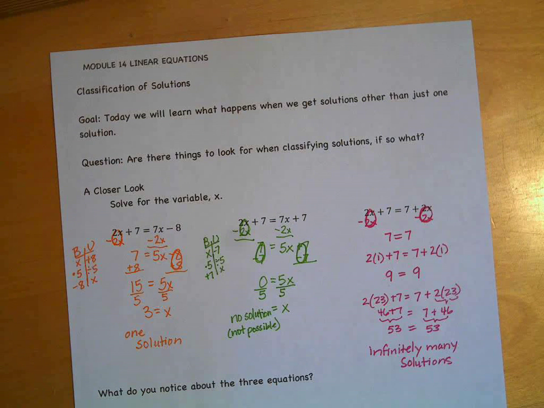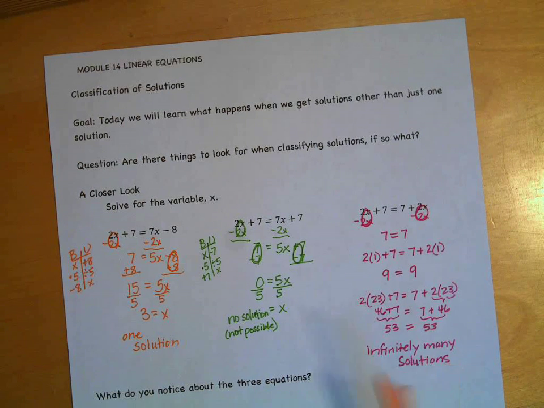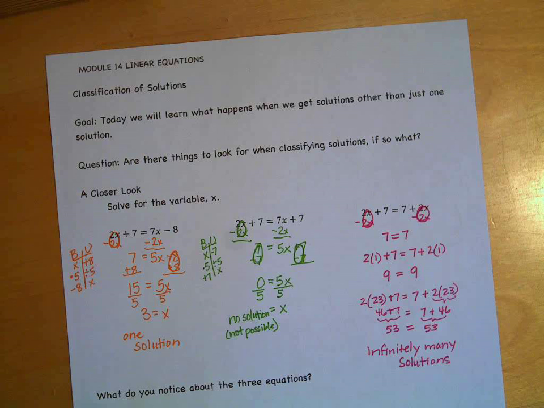I'm sure all of you have typed into Siri 0 divided by 0, and you got the Cookie Monster story about him being sad because you can't divide 0 cookies because you have no cookies to begin with. So 0 cannot be divided by anything. And so that one's no solution. And then this one is infinitely many. We could choose any number, and plug it into this original equation, and it would still come out equal.